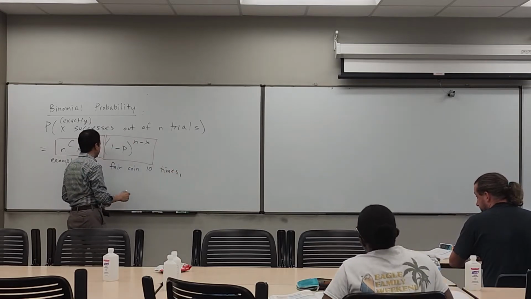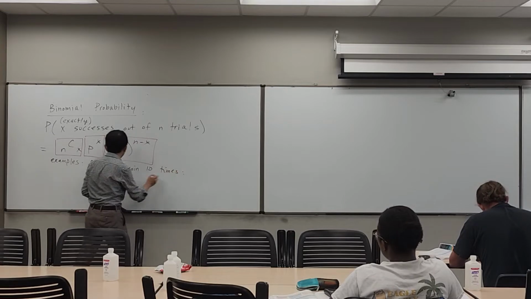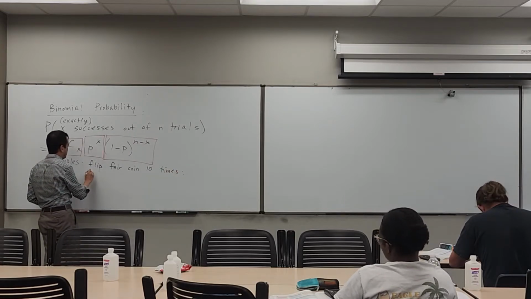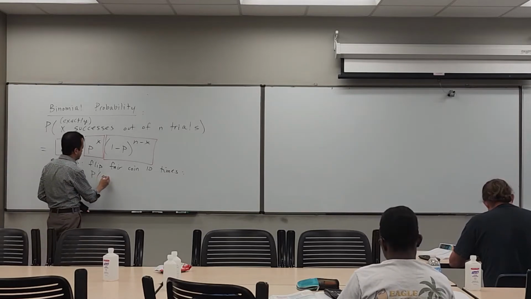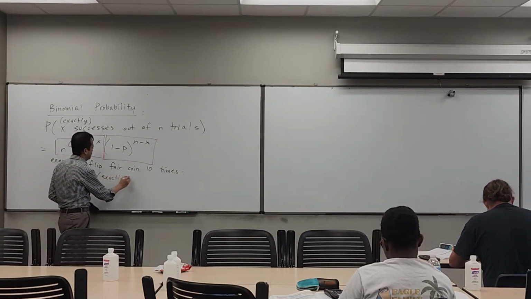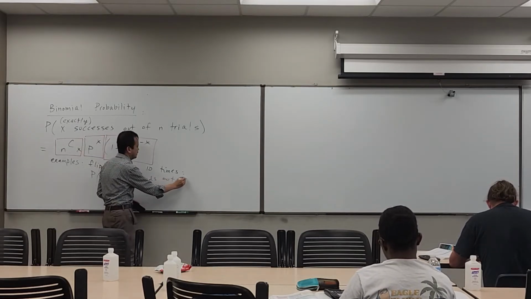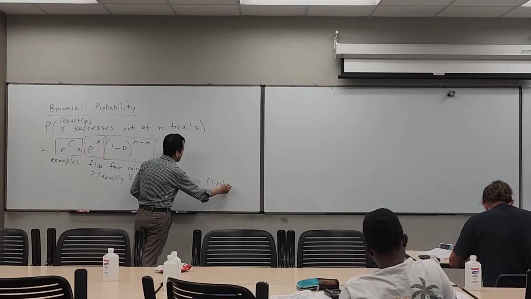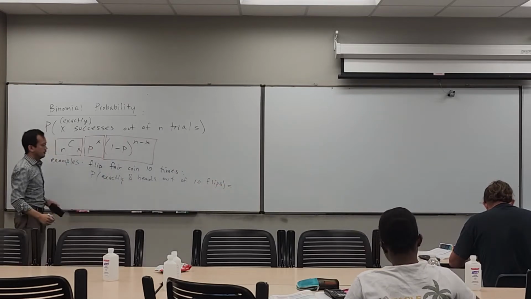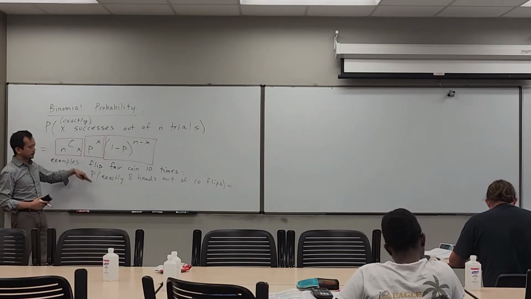Let's say you want to find the probability of exactly 8 heads out of 10 flips. We said that this ends up being a binomial probability.